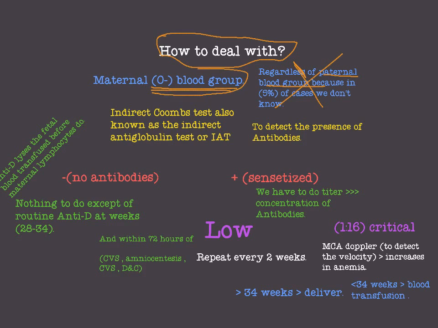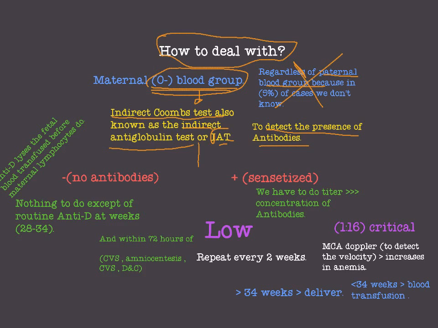When it is O negative, we have to do what we call the indirect Coombs test, also known as the indirect antiglobulin test. The aim behind the indirect Coombs test is to detect the presence of antibodies. Does the mother have antibodies against the fetal blood or not?